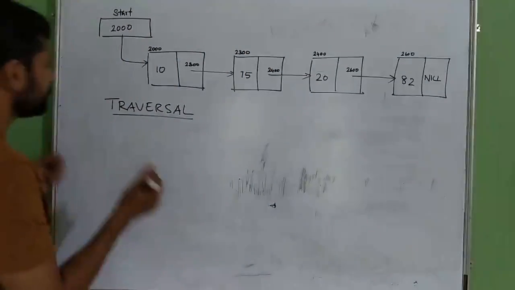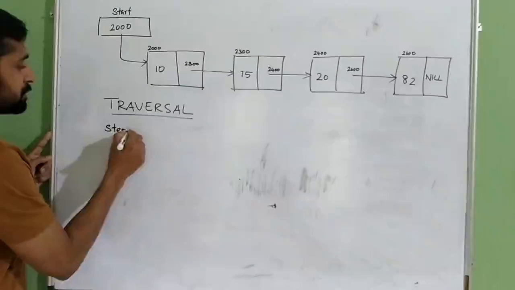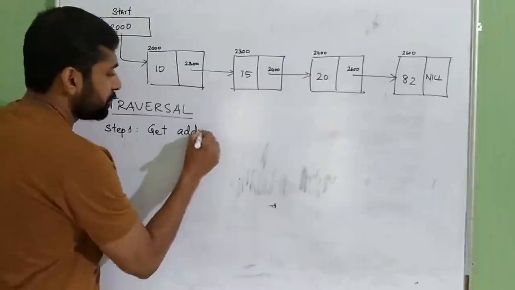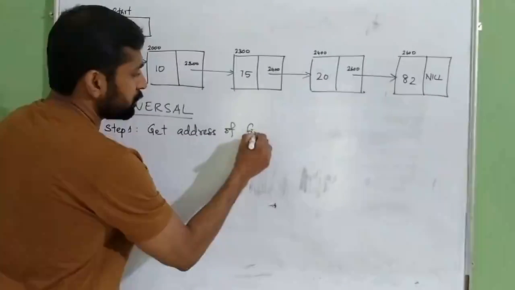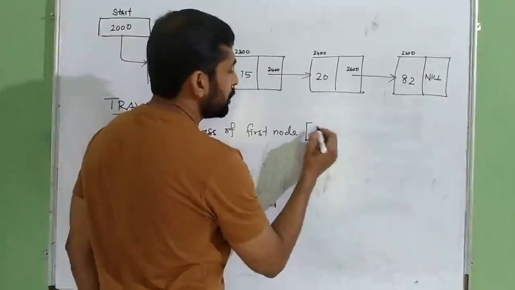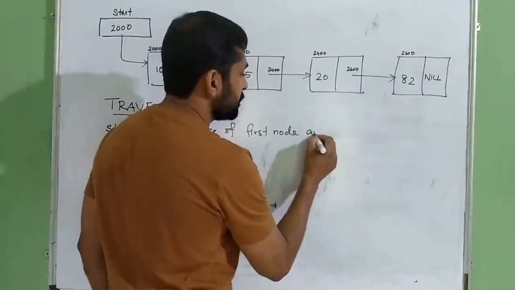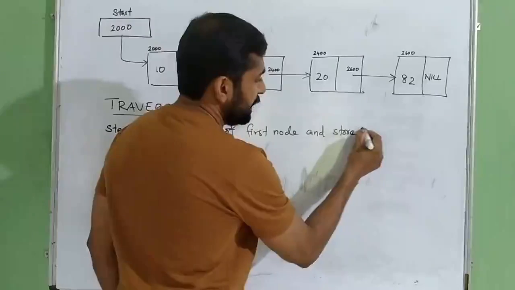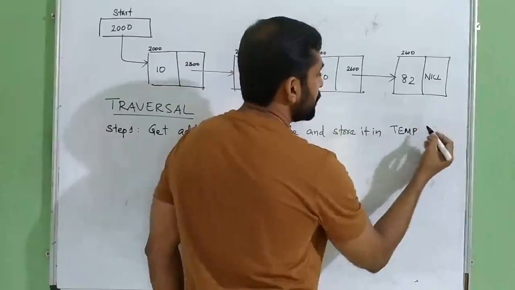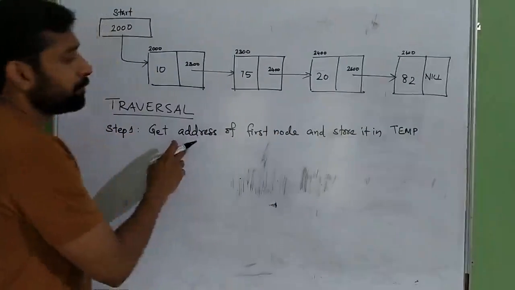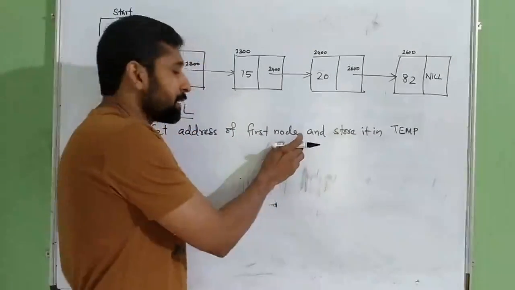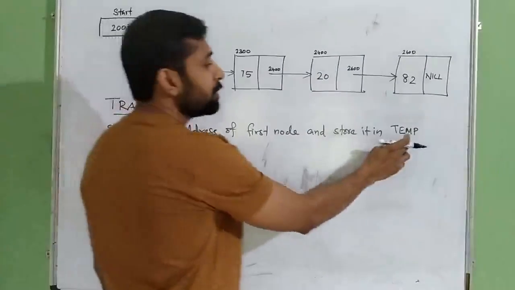So what is the first step? Step 1: get the address of the first node and store it in a variable temp.